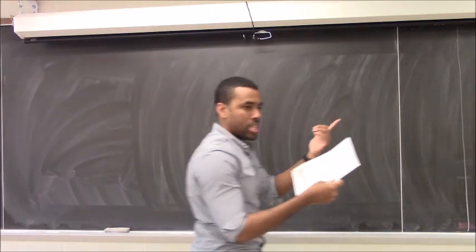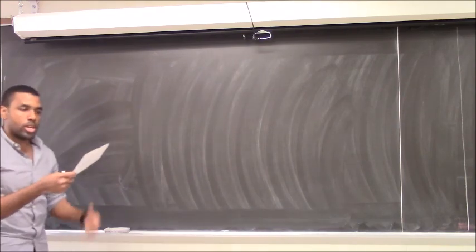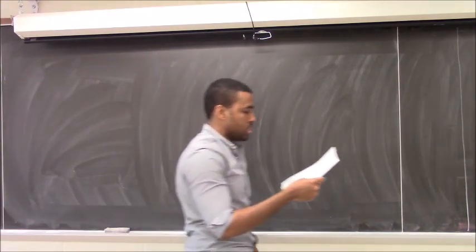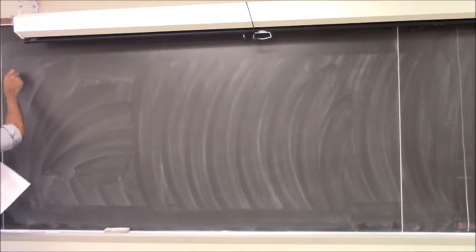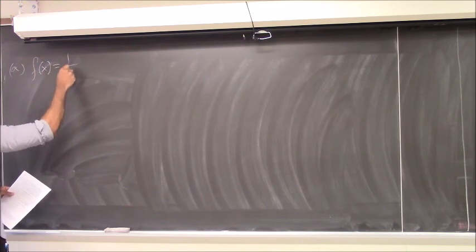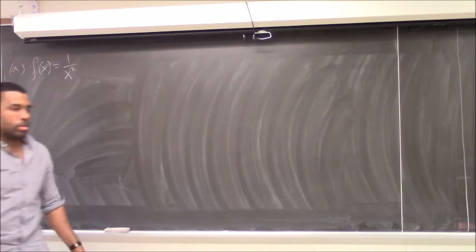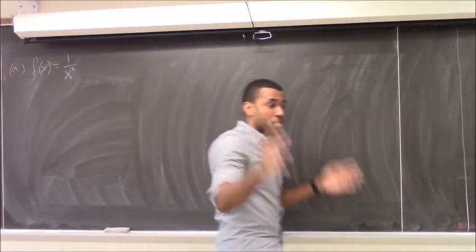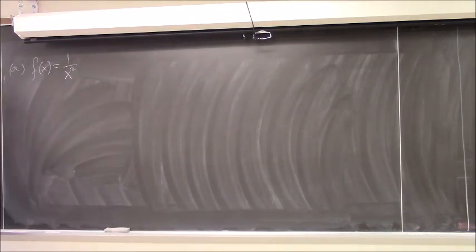We actually know what that looks like already, but I just want to graph it again in a more technical fashion so you can go through the steps. So let's look at A. f(x) equals 1 over x squared. You can pretend you forgot what that graph looks like, and for some reason you have to figure out by hand what it looks like.